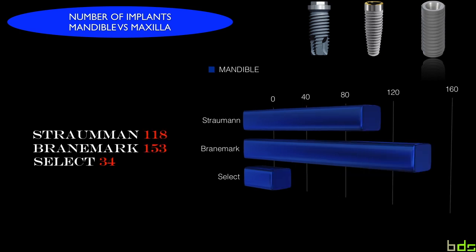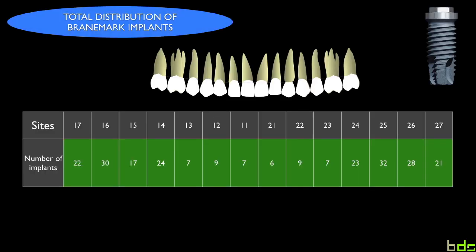In the mandible, we had 118 Straumann, 153 Brånemark, and 34 Select implants. Regarding the distribution of Brånemark implants by site, the numbers up top are the international nomenclature of teeth, and you see a quite even distribution of the implants, which makes the sample much more valuable.